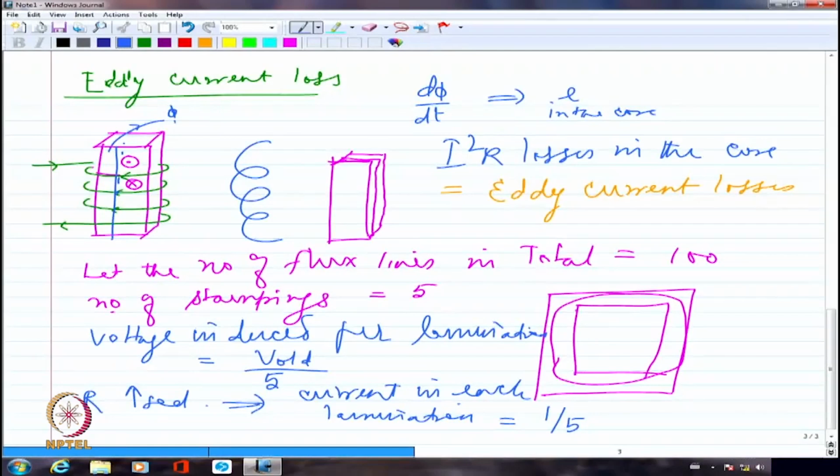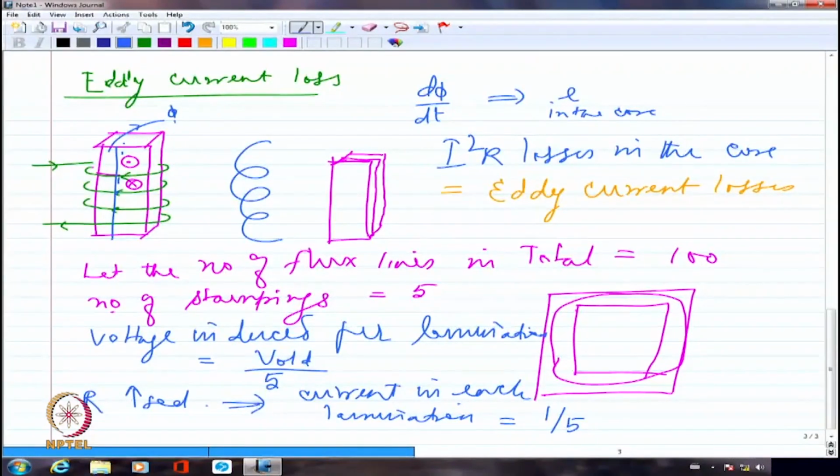So invariably you would see that all our 50 Hertz transformers, what we use in the laboratory or use in the substations, distribution, power transformer, all of them will have laminated cores. They will not have solid cores at all. Similarly, any high frequency application, you will see amorphous core. It will hardly ever be iron core. It will not be an iron core, right?